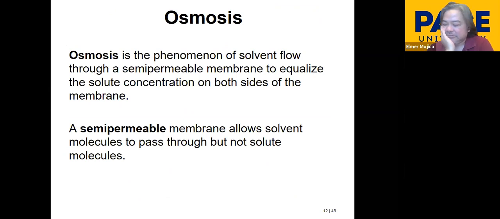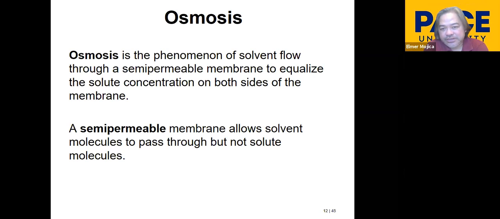So the next and the last part of our colligative properties has something to do with osmosis. Osmosis is a phenomenon that is common in many biological and chemical processes.